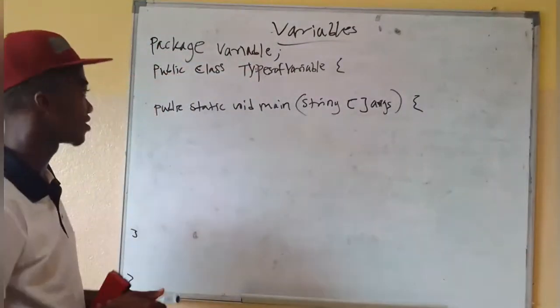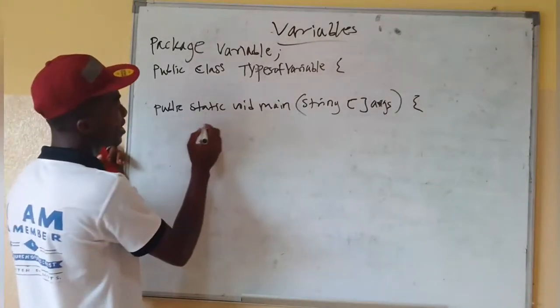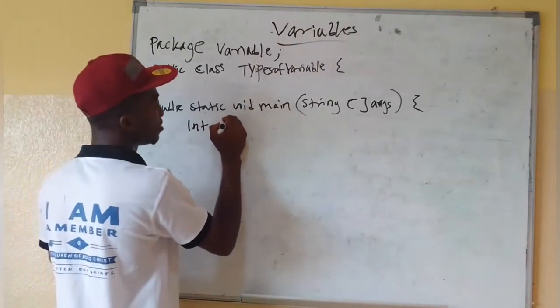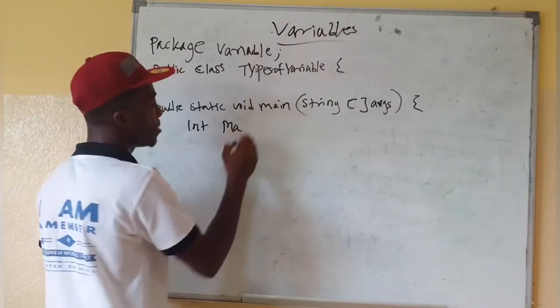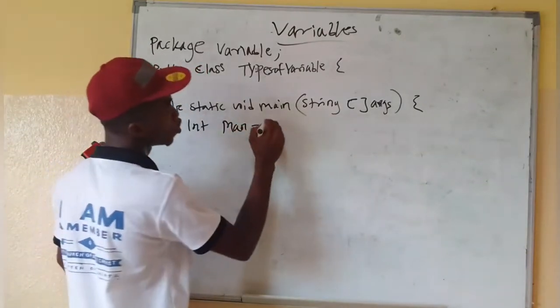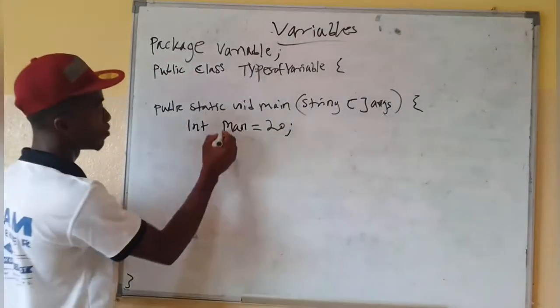Now, let's look at this. If I say int man equals 20, this is a variable.